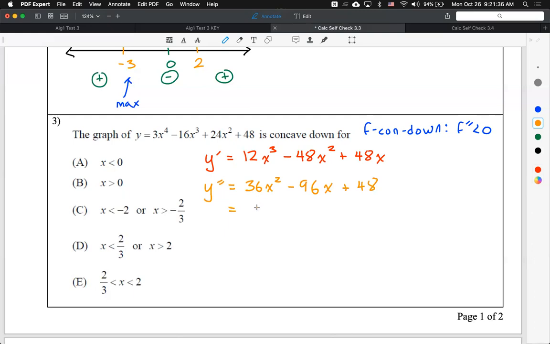That means 6 must go into all of them. 12 also goes in all of them. I think 12 is the GCF. So when you factor out 12, Fiona, what's left over? Eight. Yep. Plus 4. All right. Thank you.